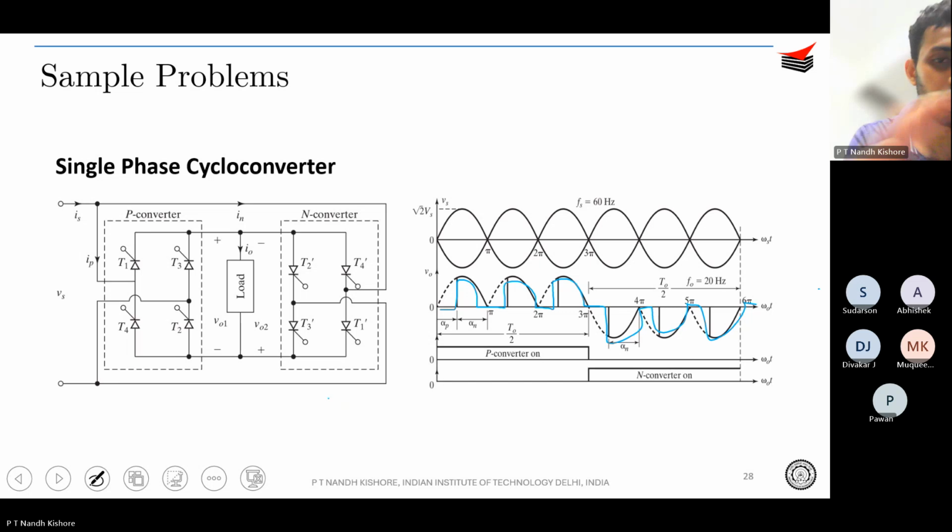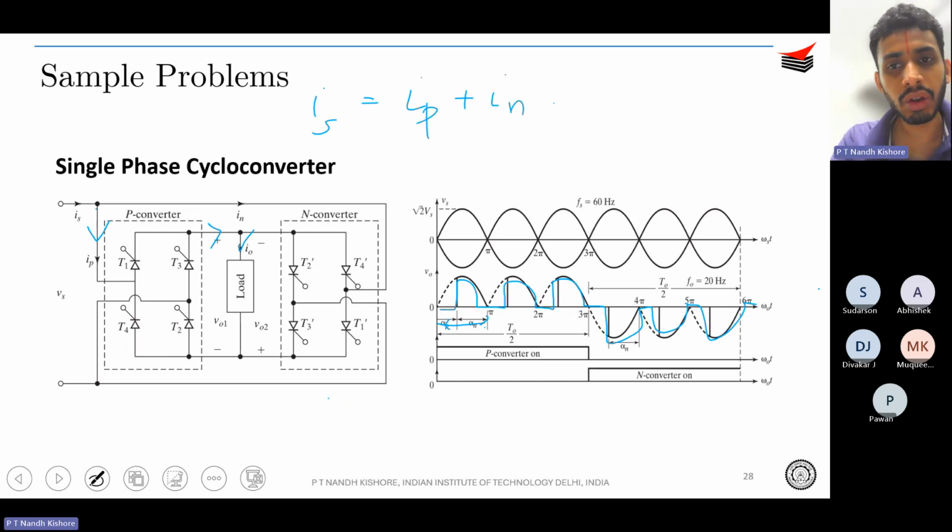This is how your current is going to flow. If you take this particular section, it is going to flow through this. Over here you apply KCL. So what is IS? IS is basically IP plus IN.